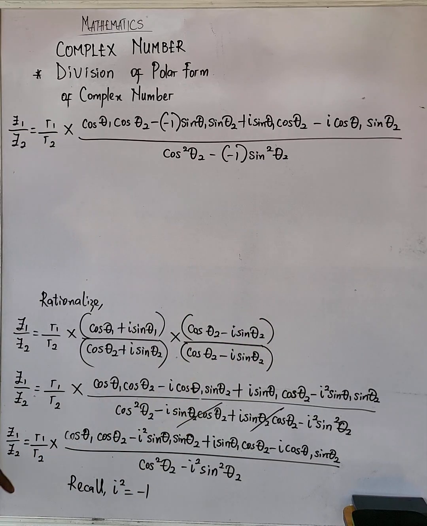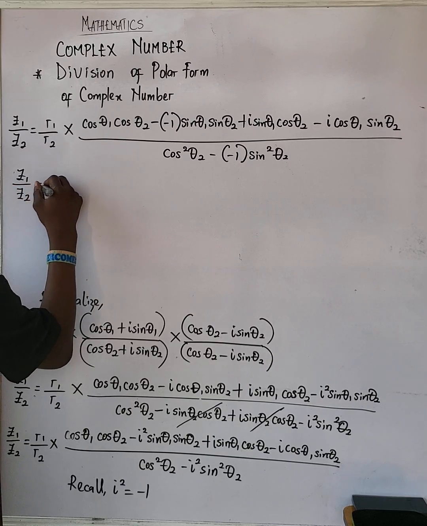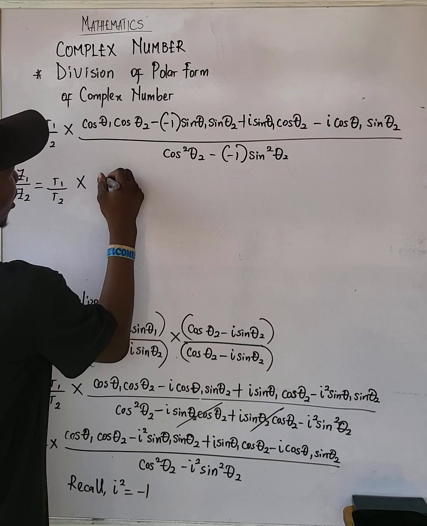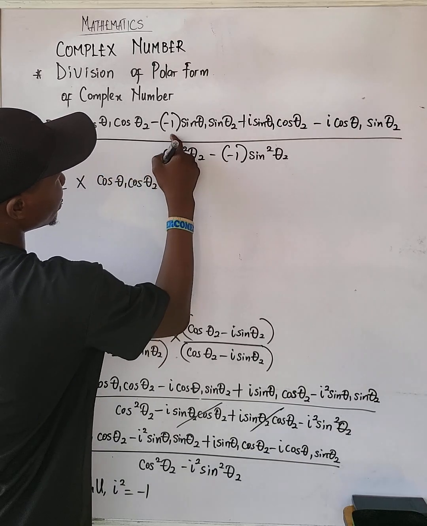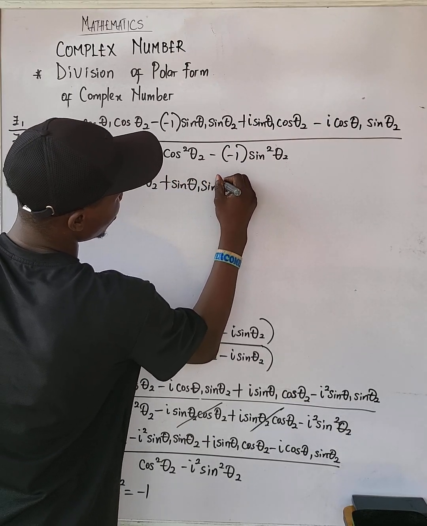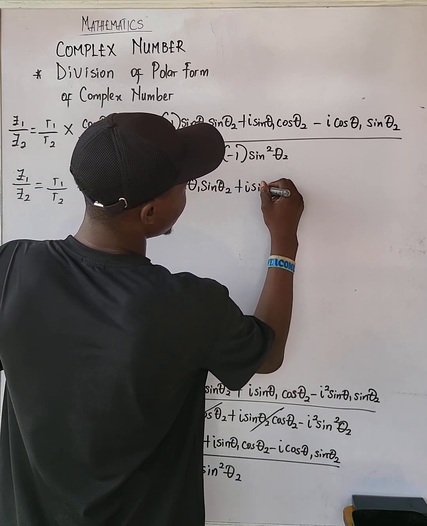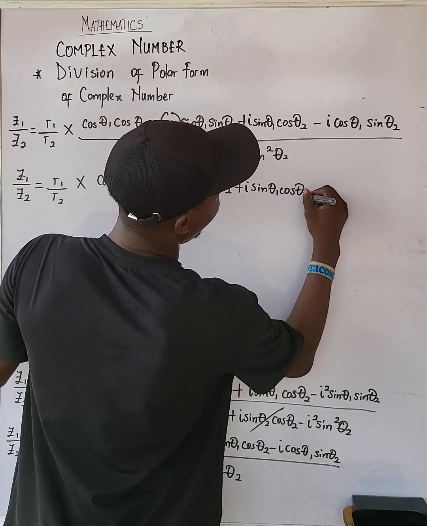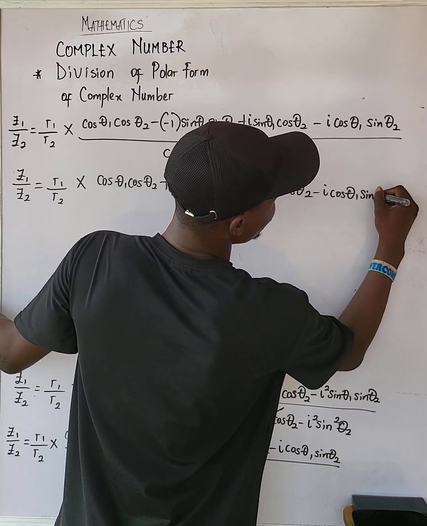So what do we now do? We have Z1 over Z2 equals R1 over R2 multiplied by cos theta 1 cos theta 2. Minus times minus will give us plus sin theta 1 sin theta 2. Then here we have plus i sin theta 1 cos theta 2 minus i cos theta 1 sin theta 2, right?